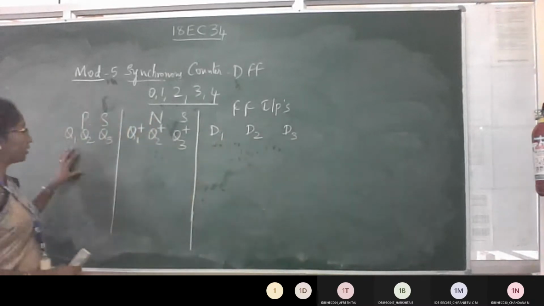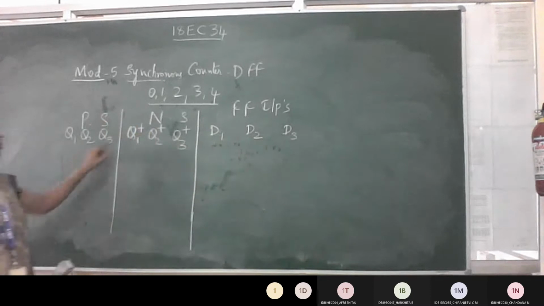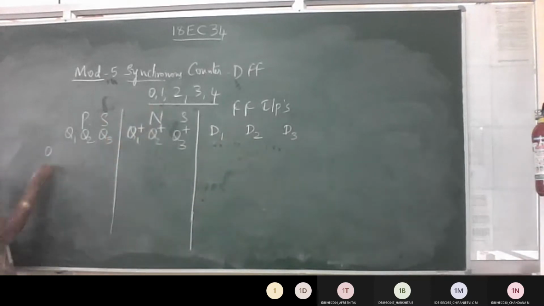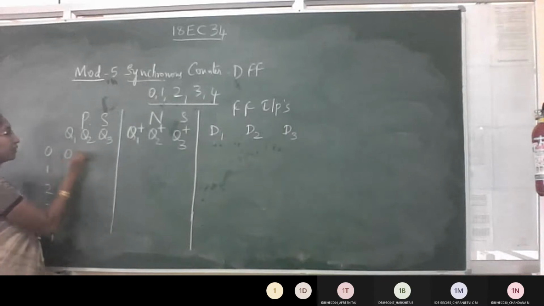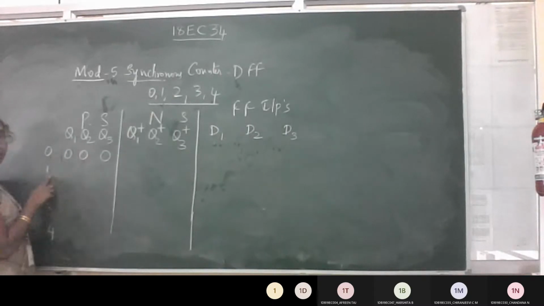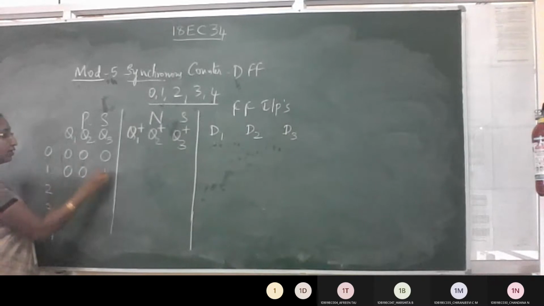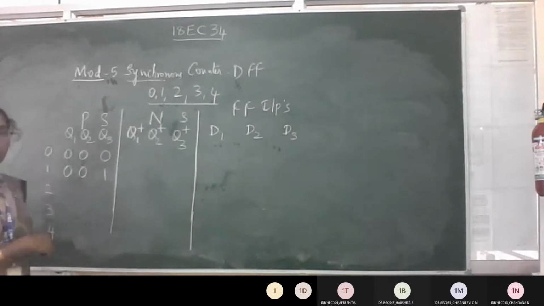First let me take the states. The present state is nothing but your given states, or the states you have taken. So just write down 0, 1, 2, 3, 4 as the present state. Now each one has to be represented in 3 bits. 0 in 3 bits, 000. 1 in 3 bits, 001. Is it visible?